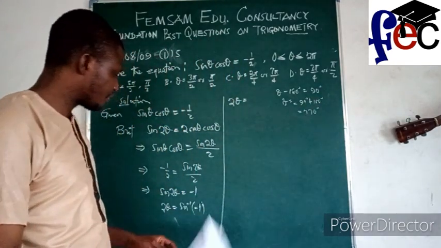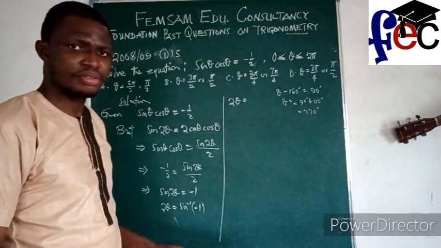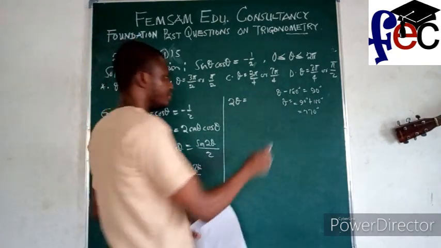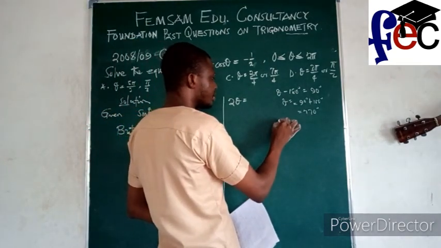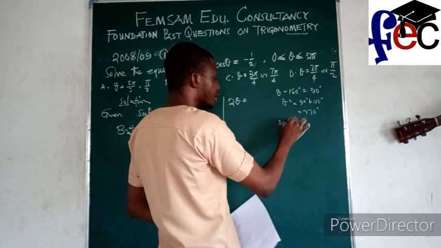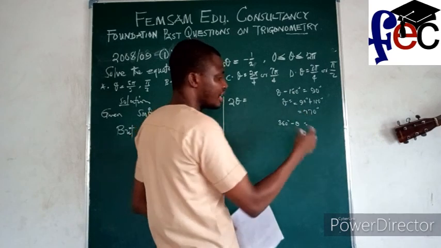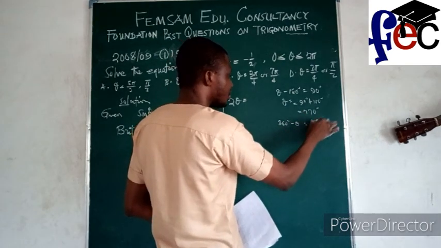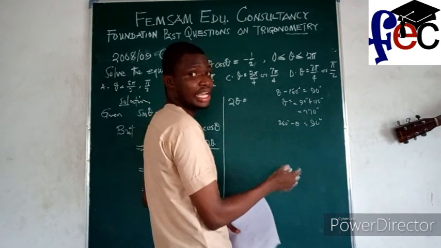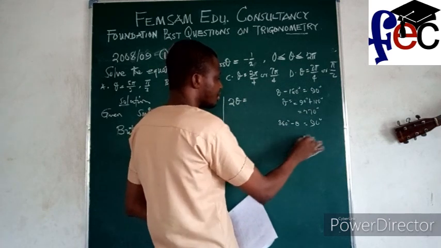If I am to think of the fourth quadrant, what is it going to be? You know, in the fourth quadrant, the acute angle equivalent is 360 degree minus theta. Theta in that case will be equal to the acute angle equivalent. We need to know what this theta is. Transfer this minus theta to the other side, you have theta.